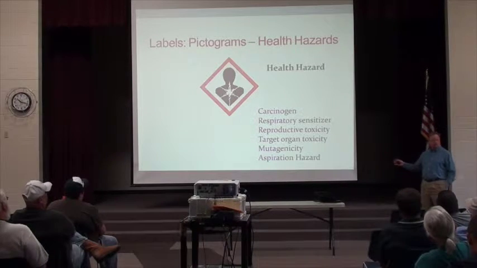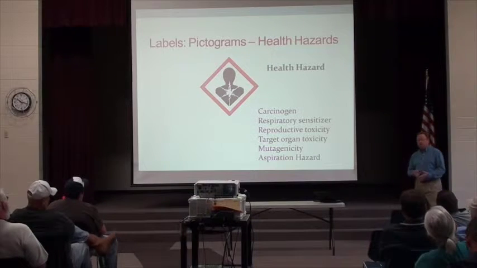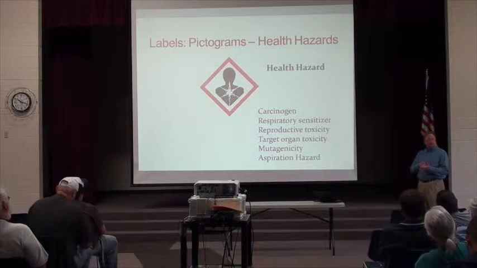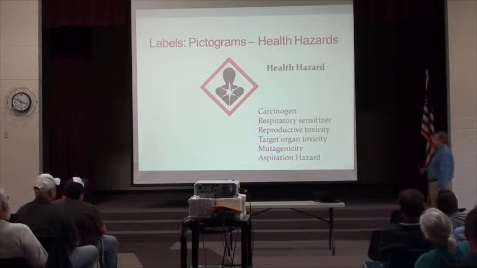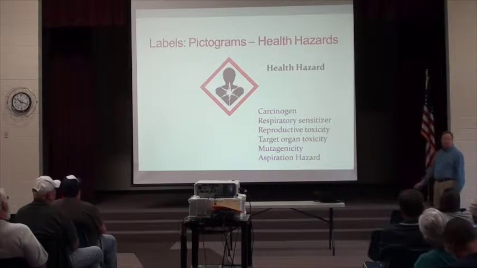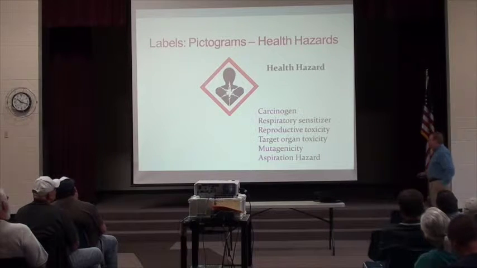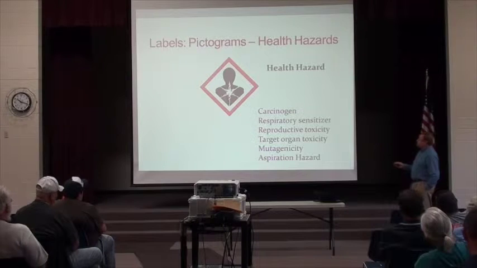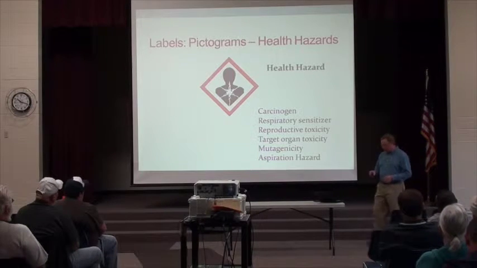If you look at that label and you see the starburst on there, you know that chemical is a potential carcinogen. It can affect the respiratory system, reproductive system. They will stick that emblem on a chemical that affects target organs like the kidneys and the liver. So anytime you see that, that's telling you there's something in that chemical that can harm you.